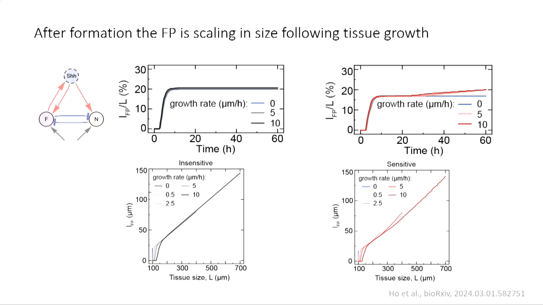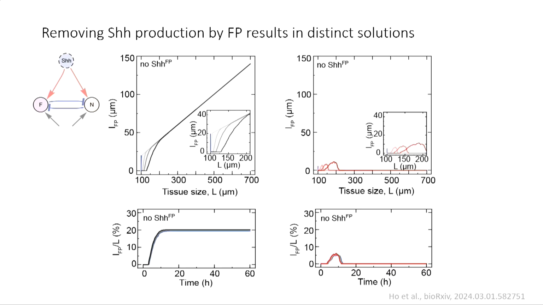Now I will speed up a bit just to get to the end of the story. That was in the absolute scale, so micrometers here. If you plot in the relative position as the tissue is growing, you really see perfect scaling, and for growing tissues there is some additional effect towards later times.